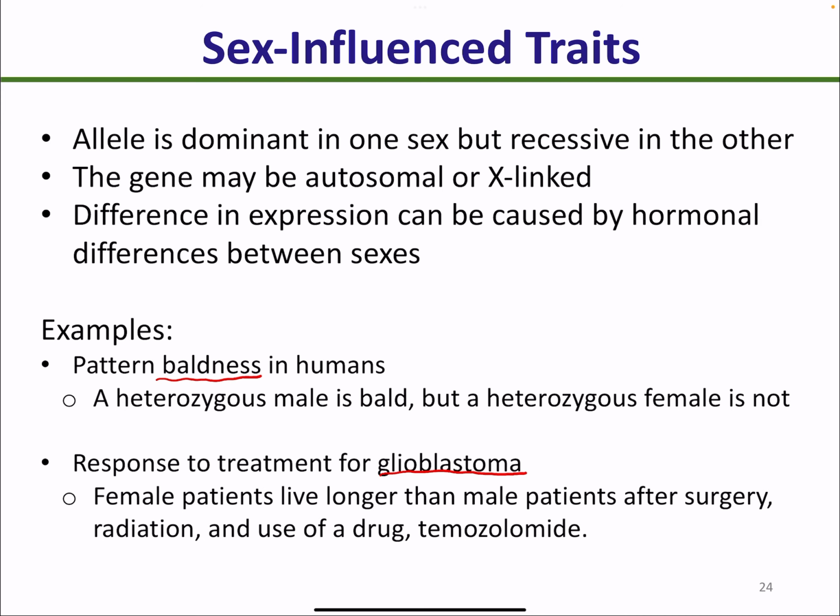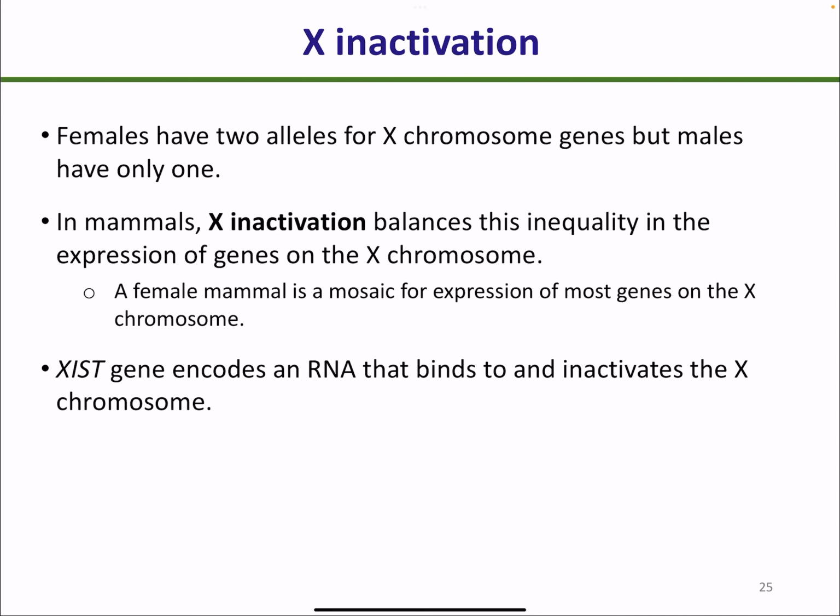Now, let's talk about X inactivation. In X inactivation, females, we know they are XX, right? And we do know that of the two X's, one is going to be inactivated. And why is one of the X's in a female going to be inactivated? It's simply because there is a matter of dosage of expression, right?